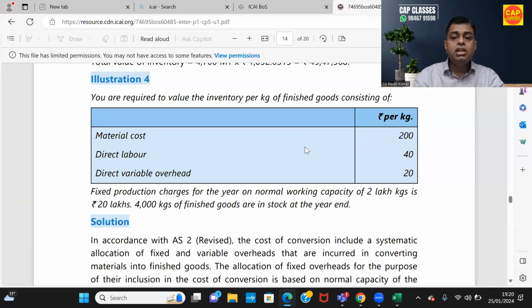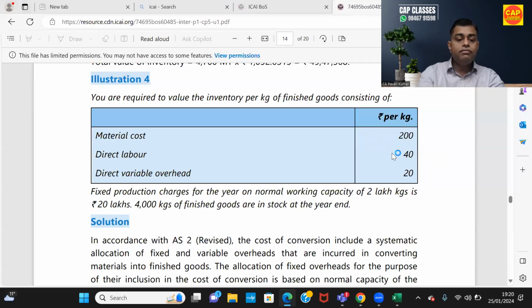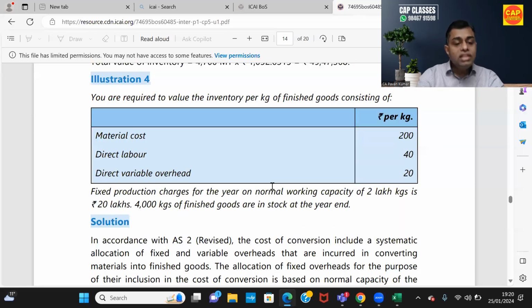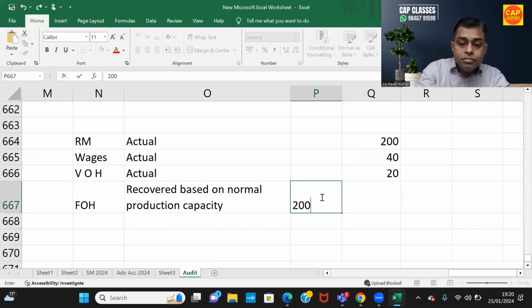So what is the actual given? 200. What is the actual given? 40. What is the actual given? 20. What are the fixed production charges? 20 lakhs is the cost. Then 2 lakh kgs is the output. So we are recovering 20 lakhs divided by 2 lakh quantity.